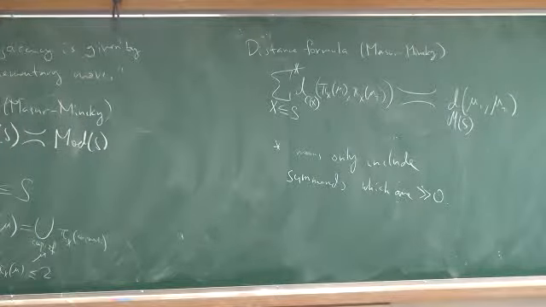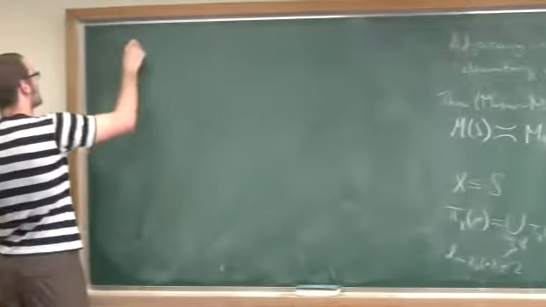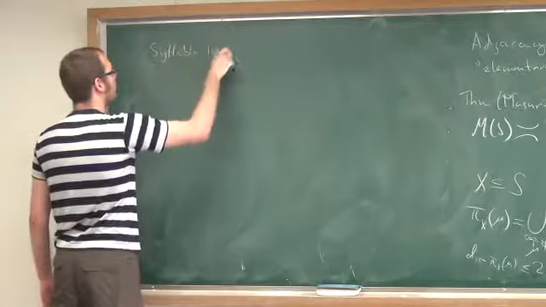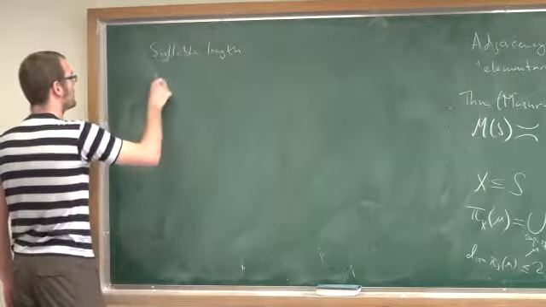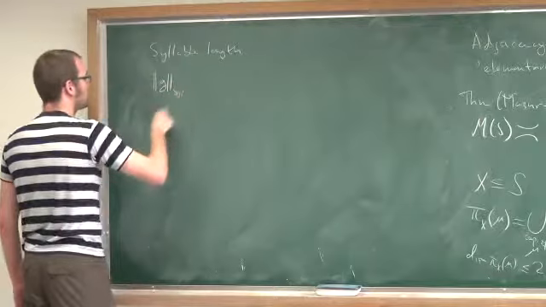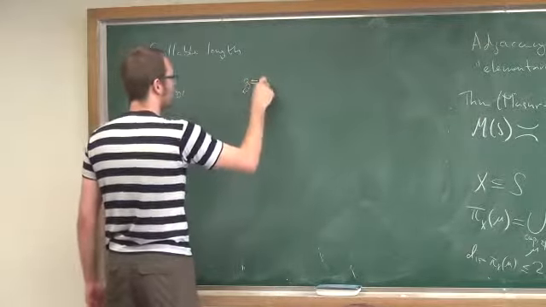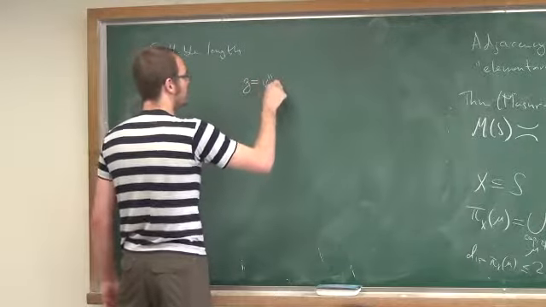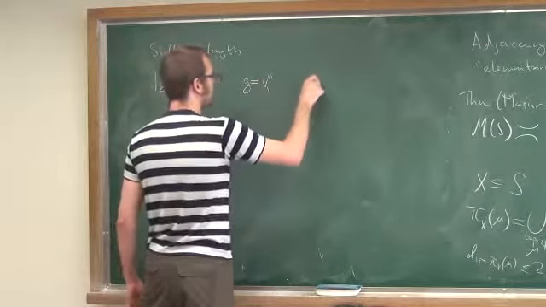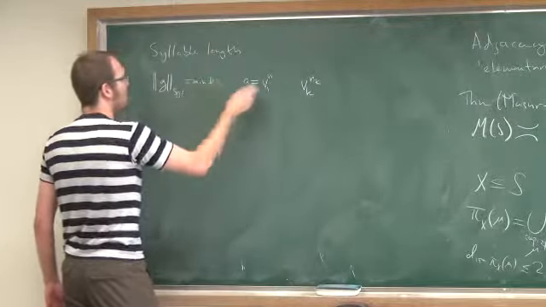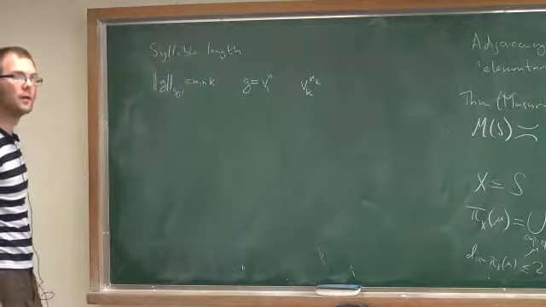And so what the distance formula for a right-angled Artin group will recover is the syllable length. So the syllable length of a word G is defined as follows. You write it as a product of vertices taken to certain powers, and you take the minimal k over all such expressions.